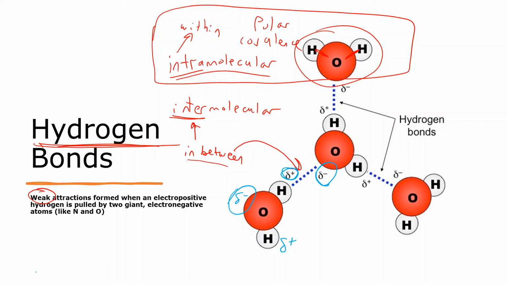And so what's happening here, this little hydrogen is getting pulled this way by that oxygen, and is getting pulled this way by that oxygen. That's a hydrogen bond. All right, it's kind of a tug of war. Think of a tug of war where two giant electronegative atoms, usually like nitrogen or oxygen, are pulling on a little hydrogen in between them.